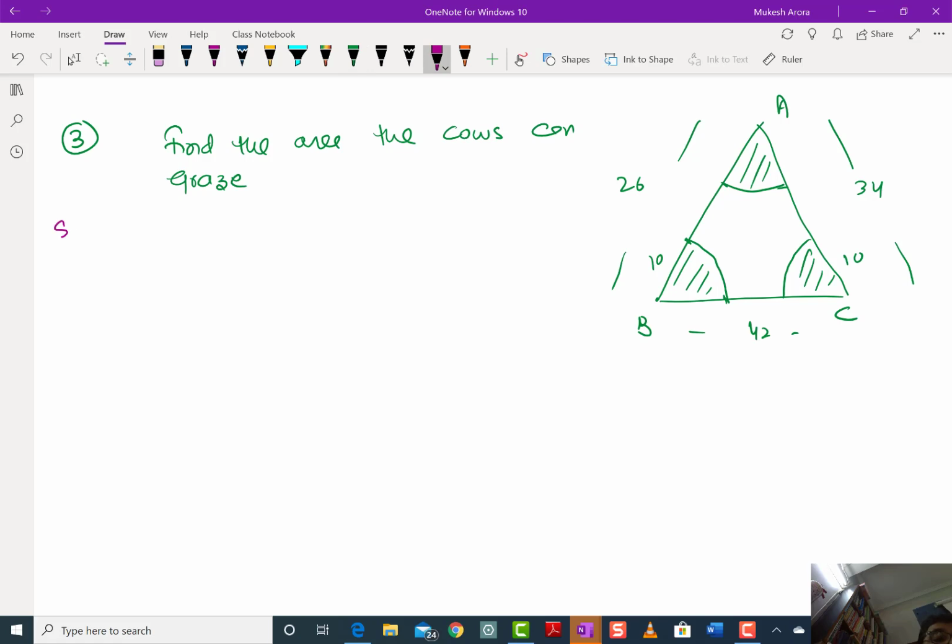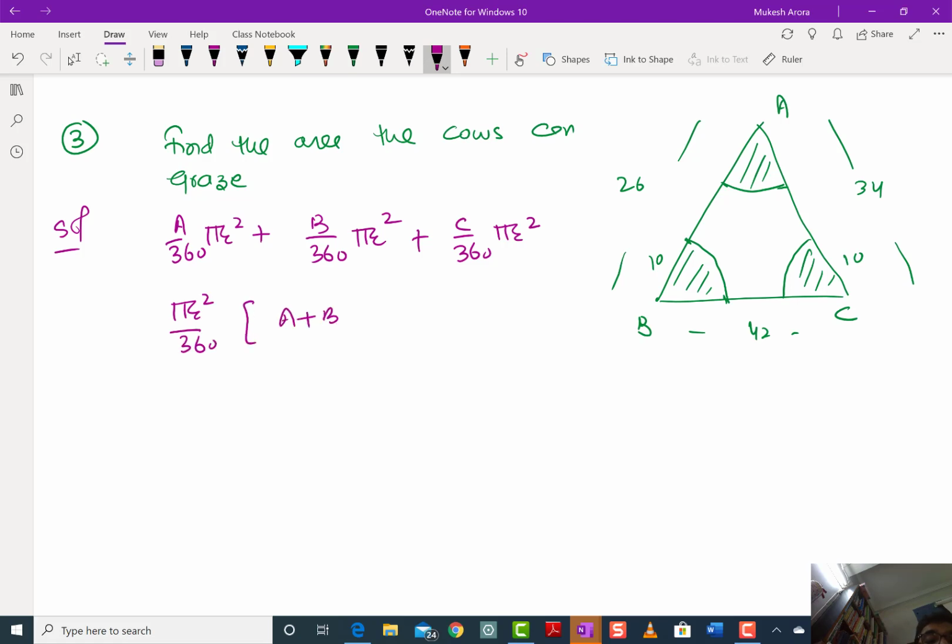So cow A can graze A by 360 pi r square, B can graze B by 360 pi r square, C can graze C by 360 pi r square. In all the cases, the radius is same. So we'll take pi r square by 360 common, that will be A plus B plus C. Angle A plus B plus C is equal to 180.